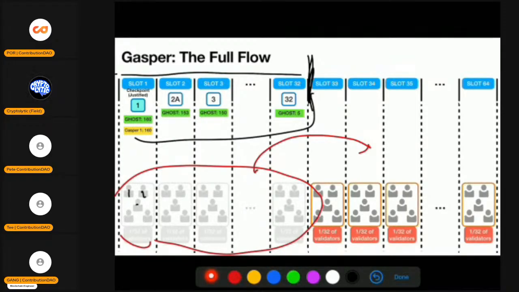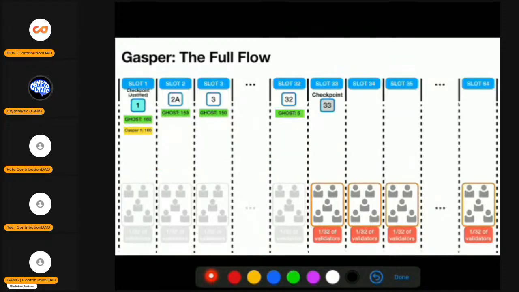If you label the validators 1, 2, 3, 4, 5, 6, 7 here, when you reshuffle them, 1 would be here, 2 would be here, 3 would be here, something like that. You have to reshuffle all the validators again. But there is a small problem: this one is going to be the first slot of the second epoch.